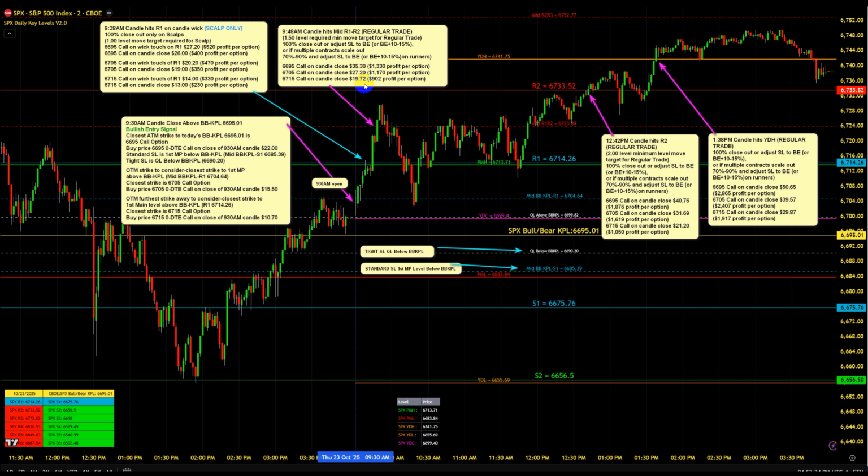So, you know, there are pros and cons of the at the money versus the out of the money. As you can see here on the scalp, the at the money worked out much better than the other ones. But like I said, there are pros and cons of each, and that's really just up for each trader to decide for themselves.